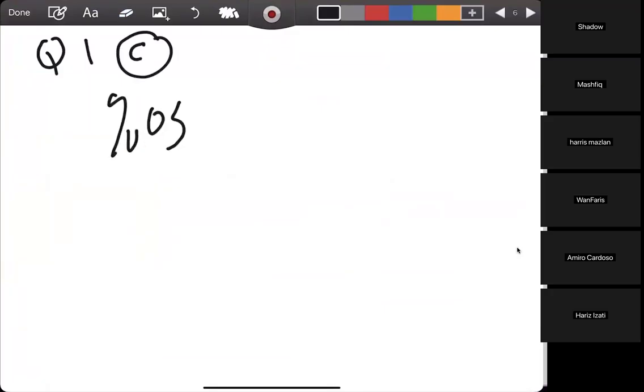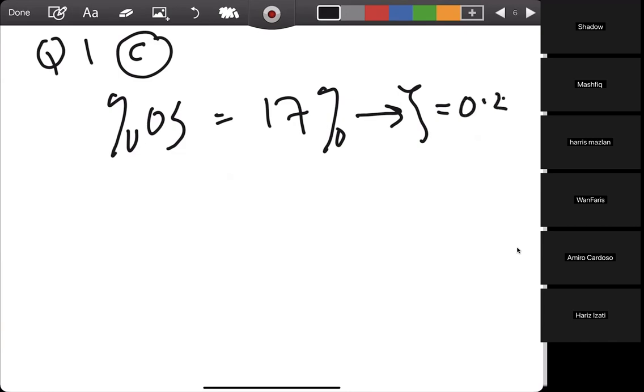Overshoot is 17%, which will give you zeta. Can you look at the appendix? What is the suitable zeta value? Haris Mazlan. Okay.